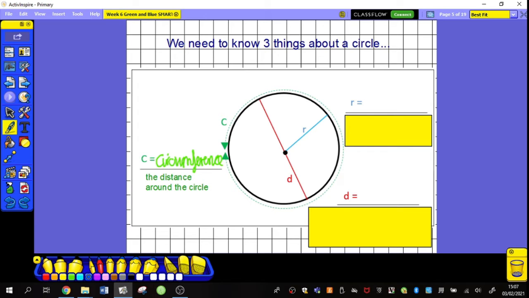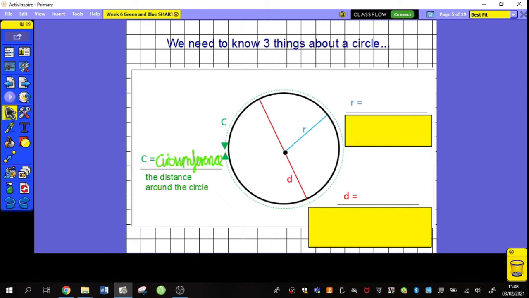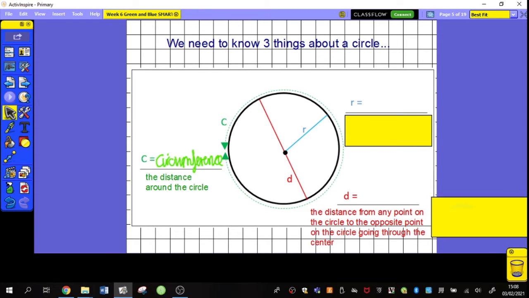Okay, next one I'm going to look at is this red line, the one I've labelled D. This is one of the most important ones that we're going to be looking at today. This line is the distance from any point on the circle to the opposite point on the circle that goes through the middle.